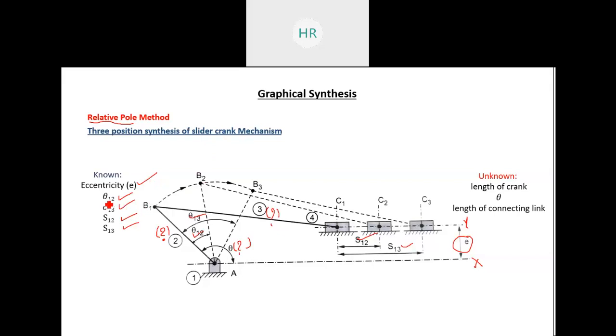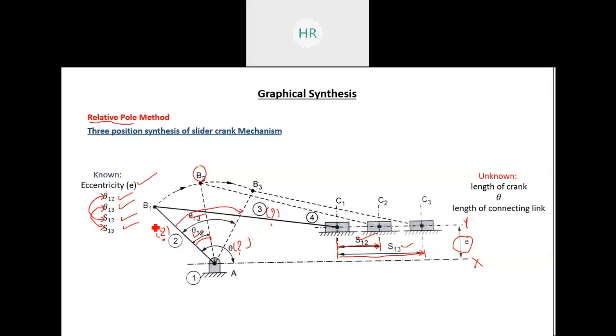And one more thing to keep in mind, that theta 12 is actually related to S12, because when our crank AB1 covers an angle theta 12 and comes to position B2, then our slider moves from the first position to the second position, covering a distance S12. So theta 12 and S12 are related, and theta 13 and S13 are related. Means when our crank covers an angle theta 13, then our slider covers a distance S13.